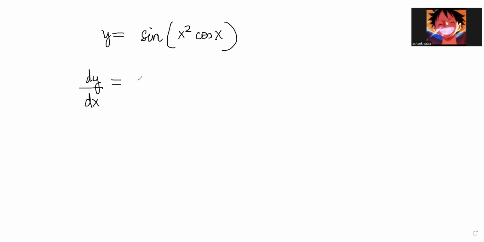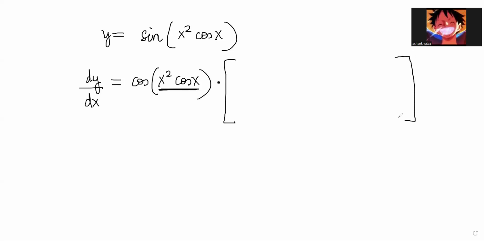Yeah. So what is that? cos of x square cos x, right? And then we have to multiply with the derivative of this inner function, right? Yes, and sir, this will be by product rule, no? Yeah. So tell me the derivative of the inner function. Minus sin x times x square plus cos x times 2x. That is your final answer.